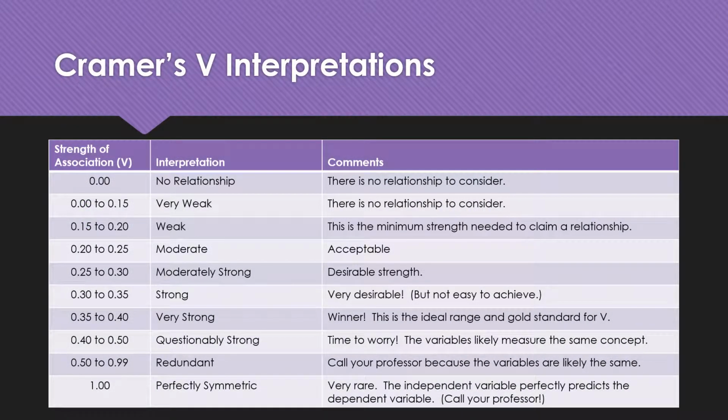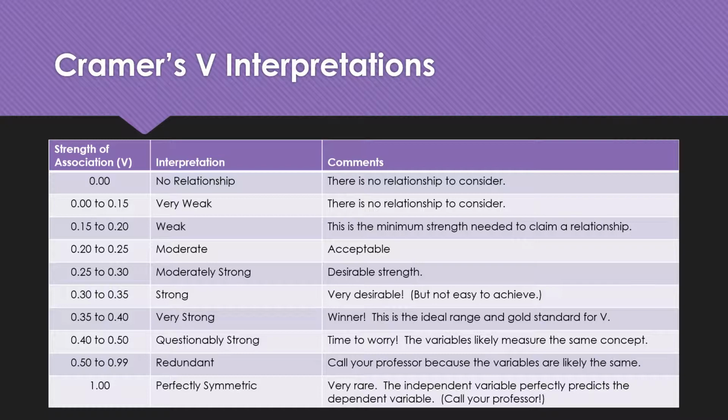Cramer's V is a measure of association between two nominal variables, giving a value between 0 and a positive 1. This is based on Pearson's chi-squared statistic.